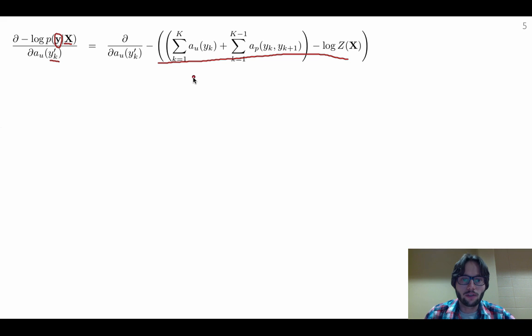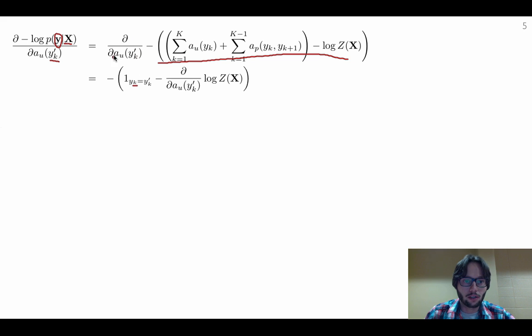So remember, we have the log of the exponential of these terms, so we just have these terms once we apply the log, minus the log of Z, because before we had divided by the partition function, so the log of that would be minus the log of the partition function. Now, the partial derivative of this whole expression with respect to that term is going to be 1 if the kth label is actually y'_k.